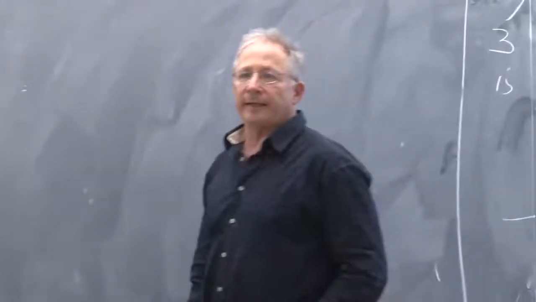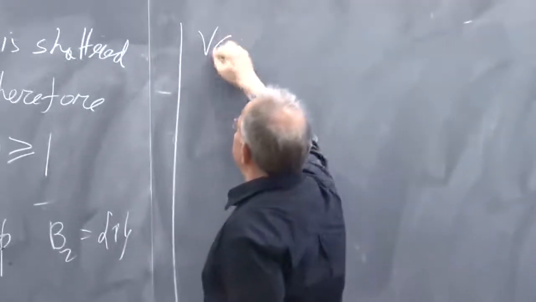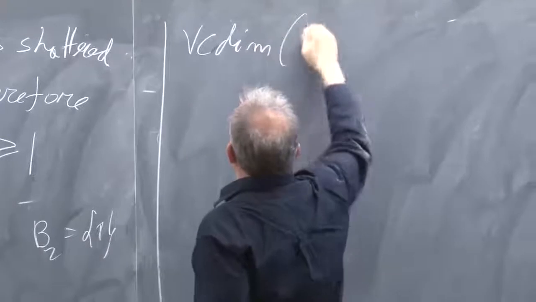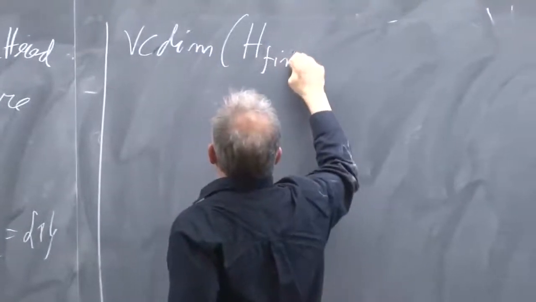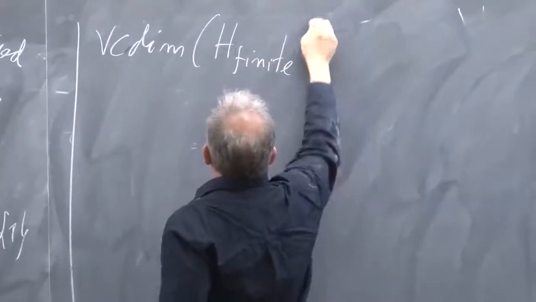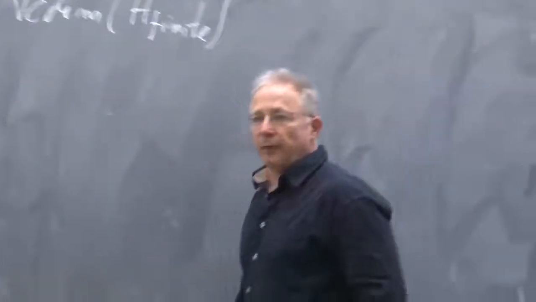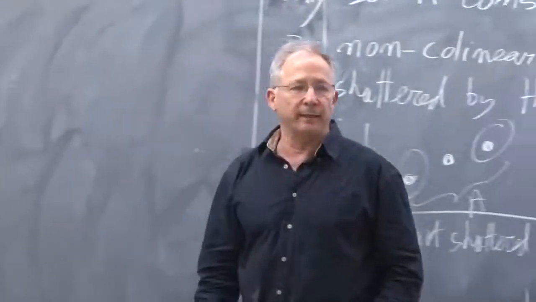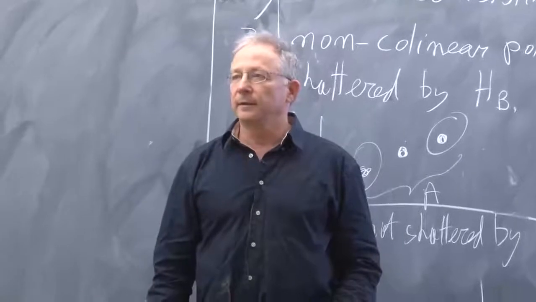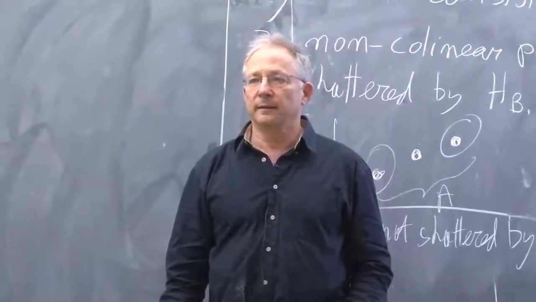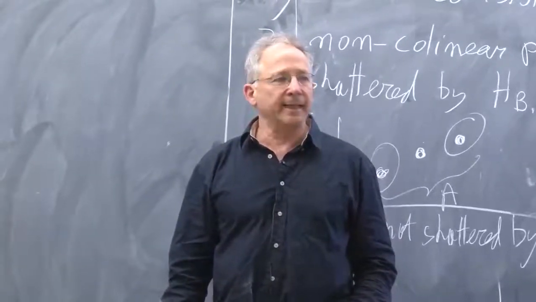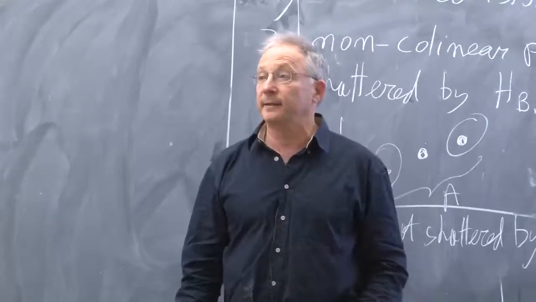What is the VC dimension of H finite? You remember that was the set of all finite subsets of the line. What sets can be shattered by finite sets?